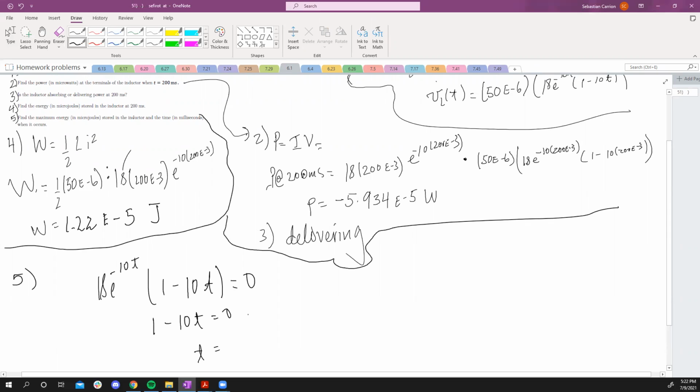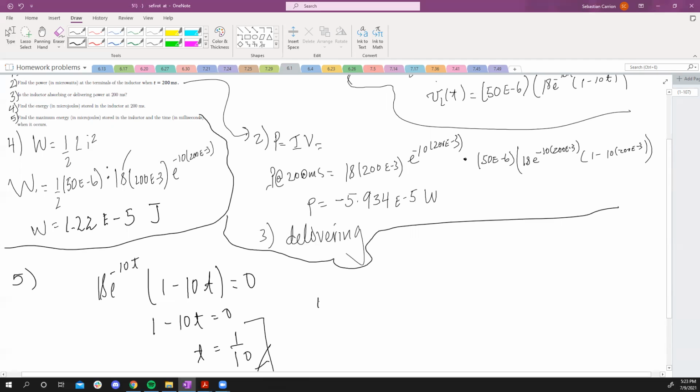We know that 1 over 10 is the time at which the current, or charge over time, is going to be its max. So let's find the maximum energy. This is the time at which energy is max.